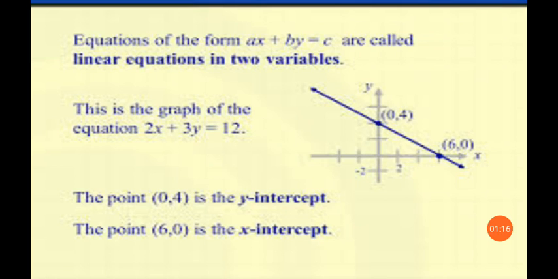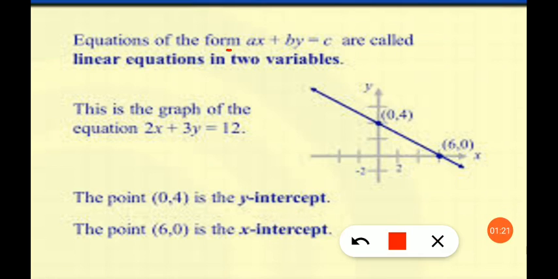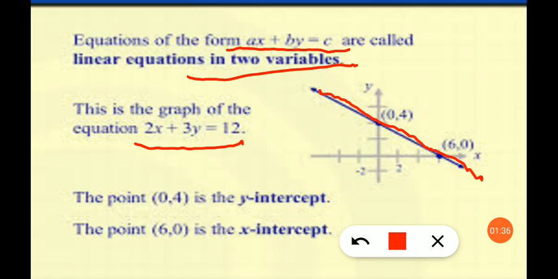Now, once again, equations of the form ax plus by equal to c are called linear equations in two variables. For example, 2x plus 3y is equal to 12. And when we plot its graph, we will always get a straight line.